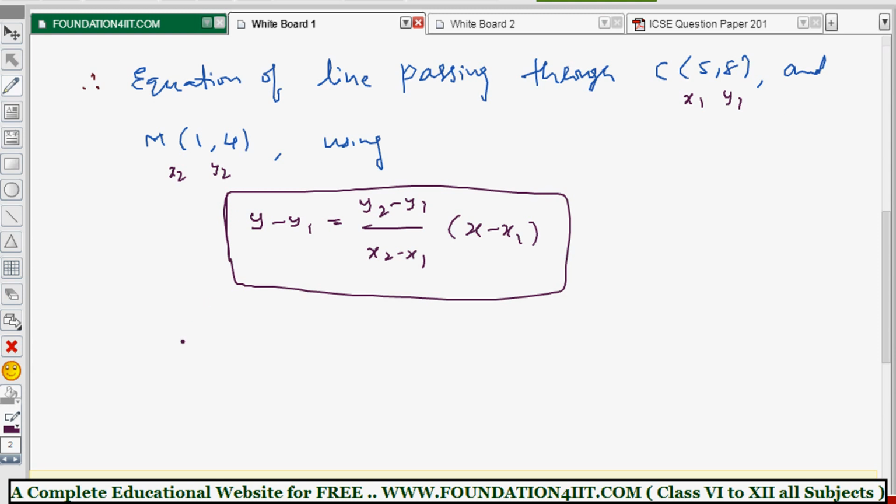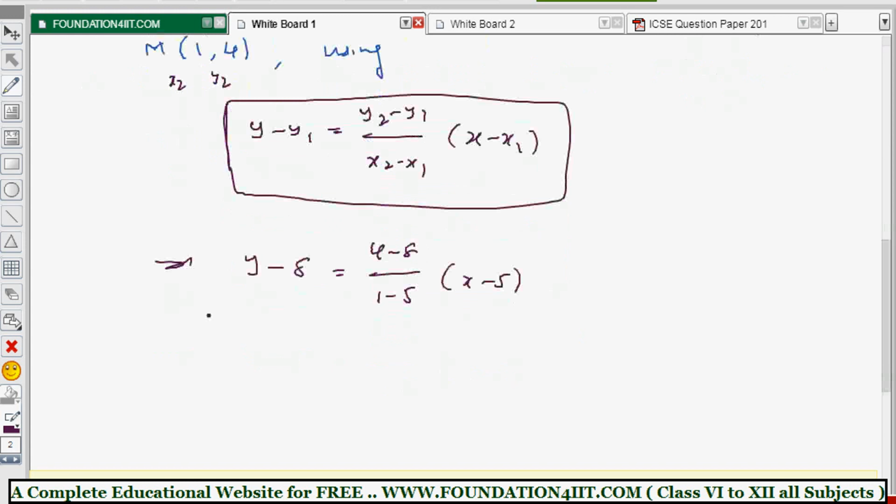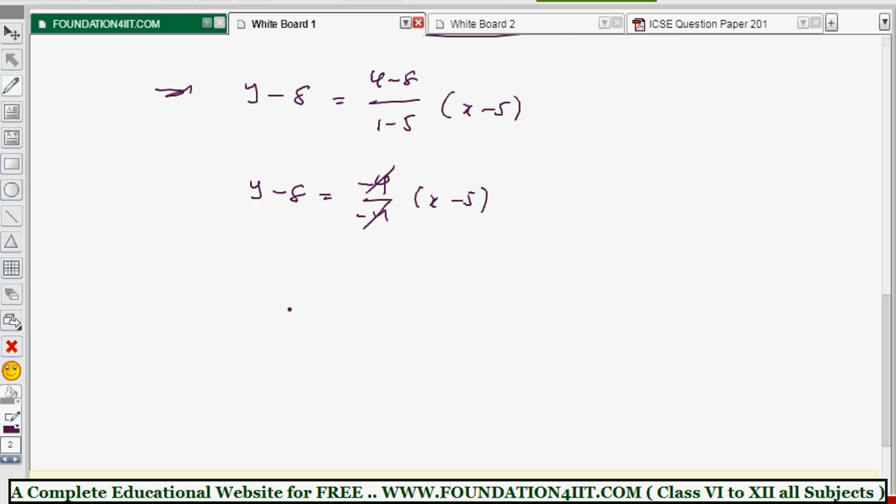That is y minus 8, y1 is 8, is equal to y2 minus y1, so 4 minus 8 by 1 minus 5, and x minus 5, x1 is 5. Just simplify. y minus 8 is equal to, 4 minus 8 is minus 4 by minus 4, and x minus 5. Both are same, you can cancel. Then y minus 8 is equal to x minus 5.